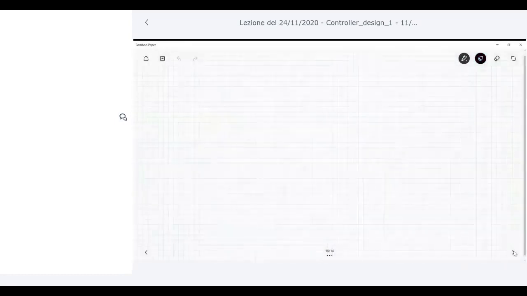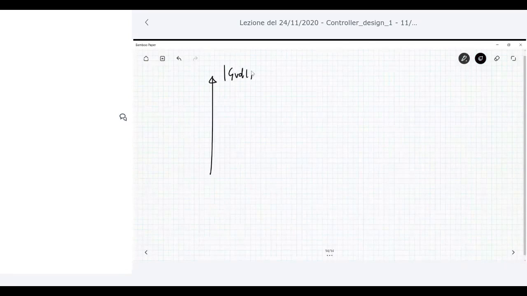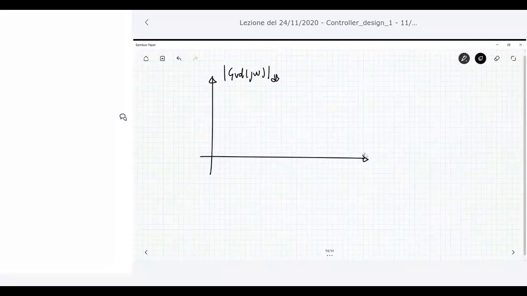Let me plot the Bode plot. Let me draw the Bode plot here. G, V, D, J omega. You have the gain, GVD.